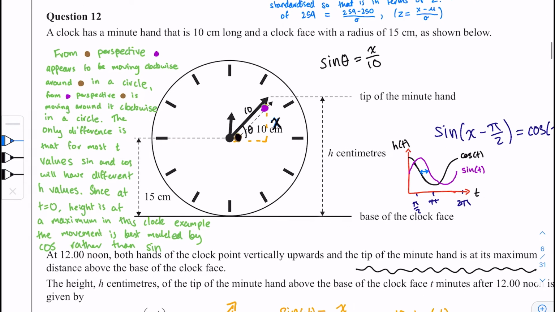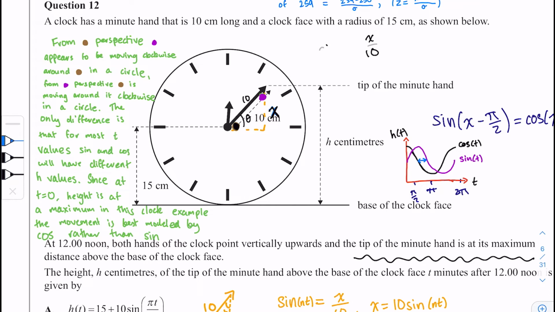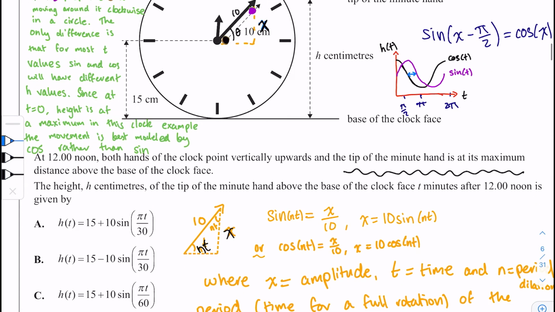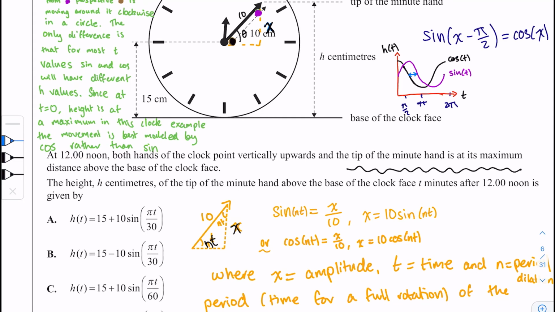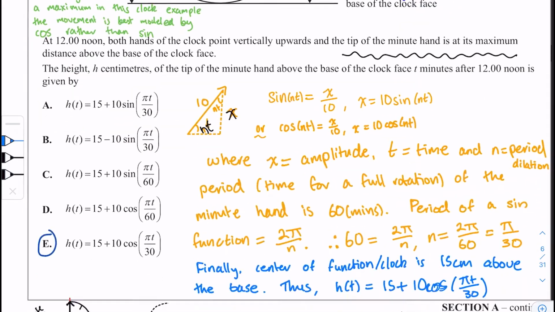But we shouldn't actually be using sine, because as the question says, at 12 noon, which is the starting point, so t equals 0, we're already at a maximum height. We're measuring everything in terms of height, and our function is already at a maximum at t equals 0.